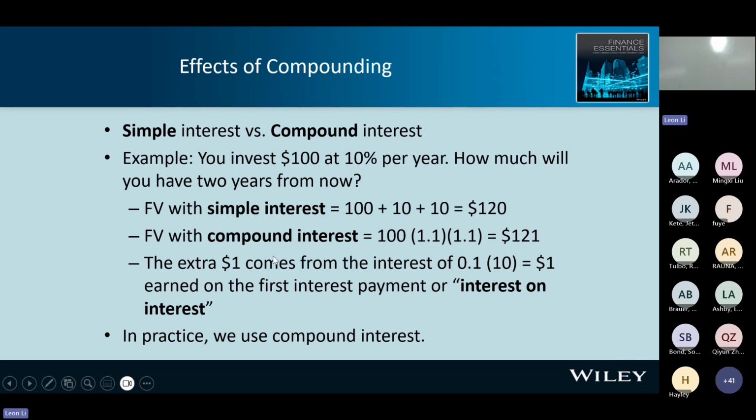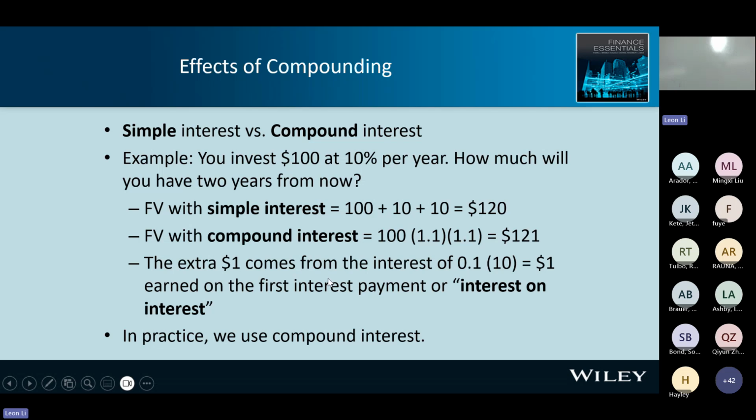But based on our calculation, future value at year 2 will be $100 times 1.1 with power of 2, or $100 times 1.1 times 1.1. The result is 121. So you can see the difference: 120 versus 121. We have an extra $1.